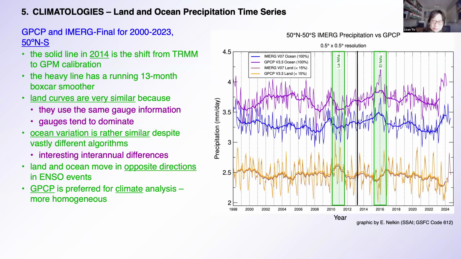But from my experience working with 6B, I merged 6B and GPCP 3.2. I think IMERG is slightly higher than GPCP, which is a better balance with our new evaporation product.